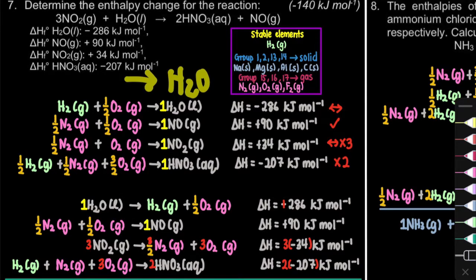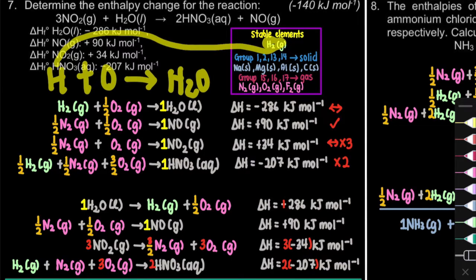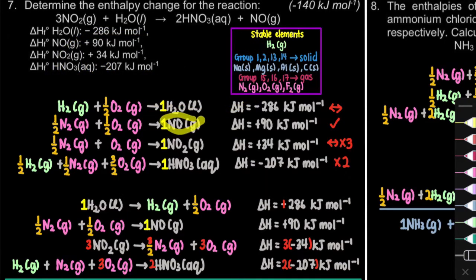Based on the molecule itself, we know that H2O must come from H and O. But formation is when 1 mole of product is formed from its stable elements. So the stable element of hydrogen is H2 gas, and oxygen is O2 gas. So here, O2, H2. But you have to include the phase as well. Next is 1 NO gas. So NO originally comes from N and O.